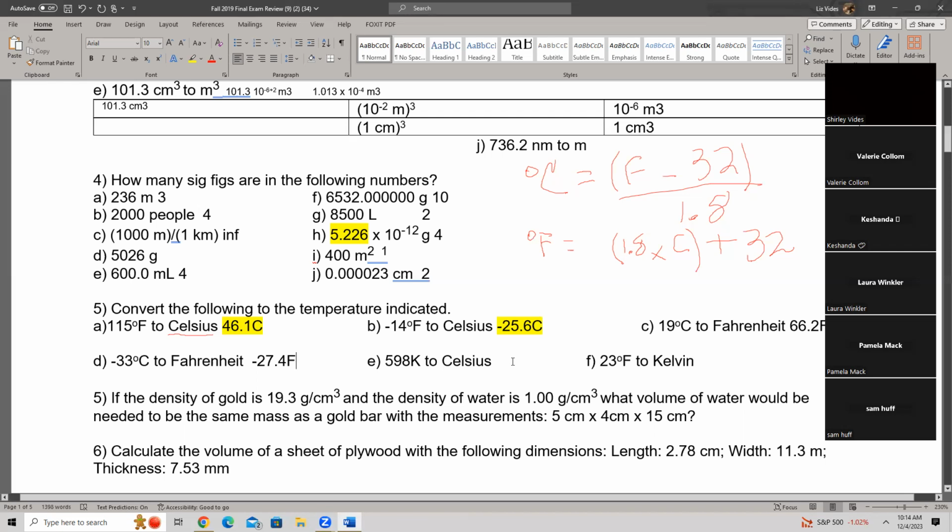Remember that one? You just add 273 to the Celsius. So Kelvin is equal to Celsius plus 273, right?